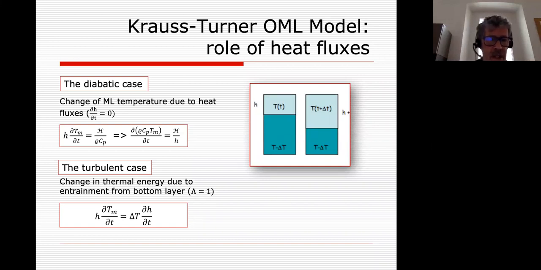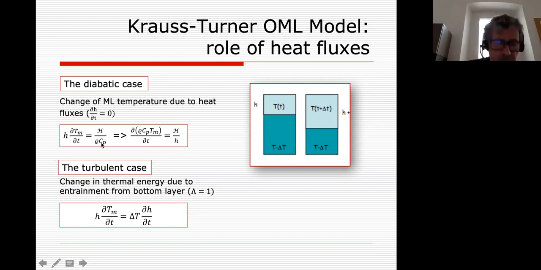We assume that we don't have any turbulent entrainment, and we have no changes, for example, in the depth of the mixed layer, and we can simplify the above equation for the diabatic case, where the changes of the total heat content, as you see here.